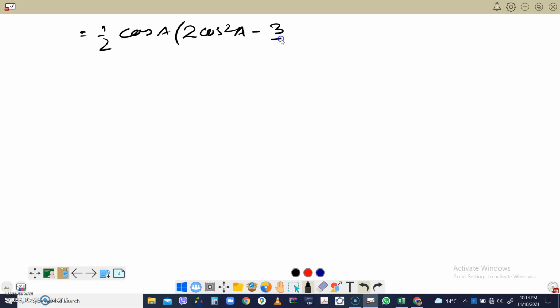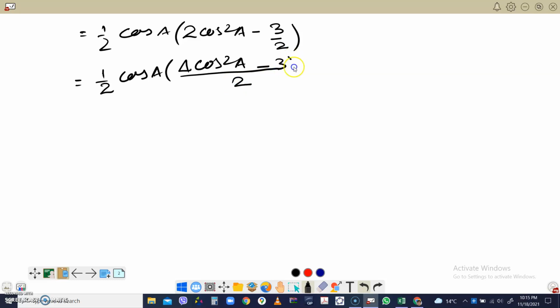Now it can be further written as 1 by 2 cos A. Simplify within the bracket first. It gives us 4 cos square A minus 3, whole upon 2.